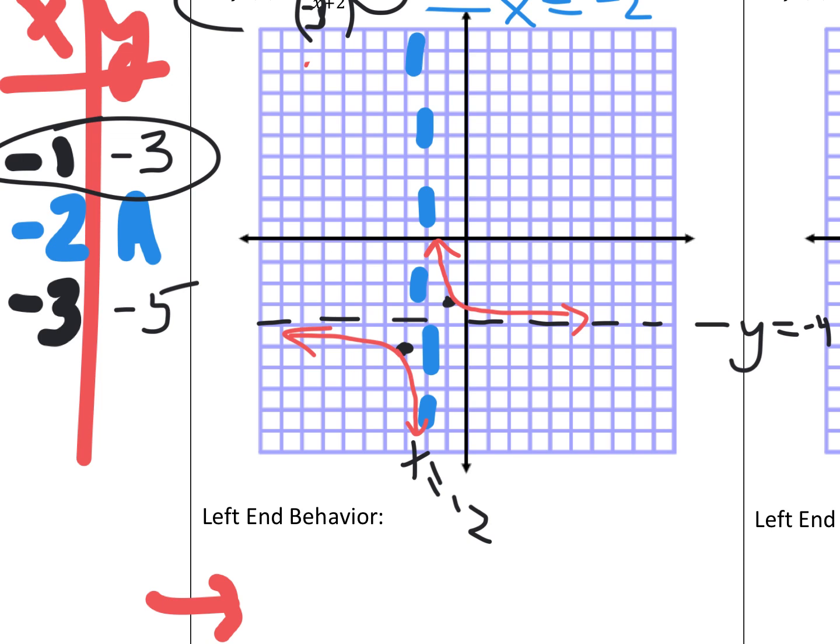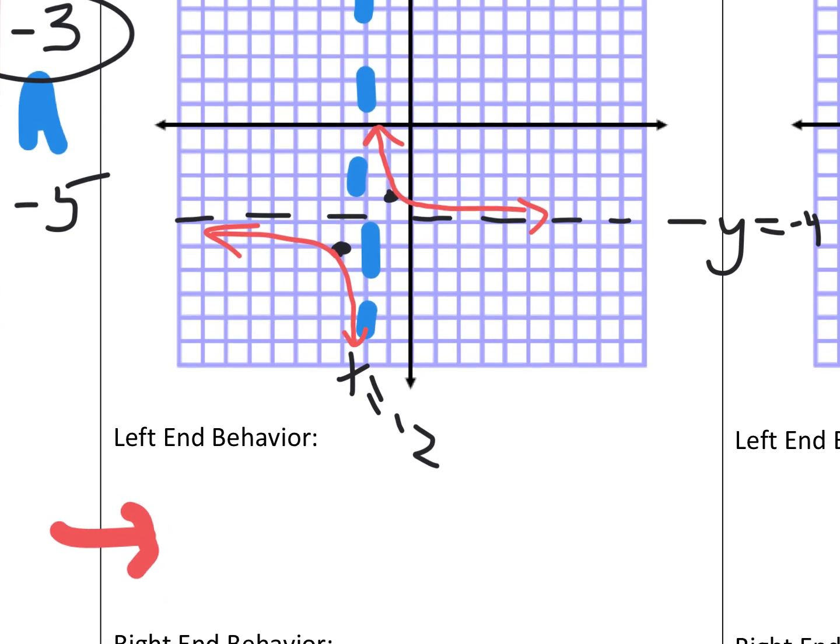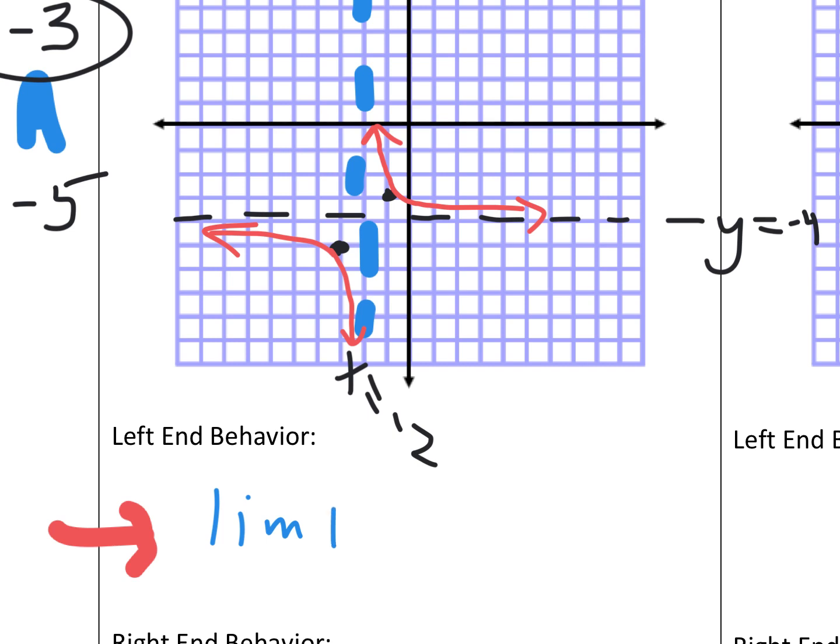Okay, now because we care about you guys so much, we've also included a question about writing the limits as you approach those asymptotes. So a reminder of how you do that. Well, first of all, it's lim of f of x as x approaches, and that's how you will start every single limit you ever do.